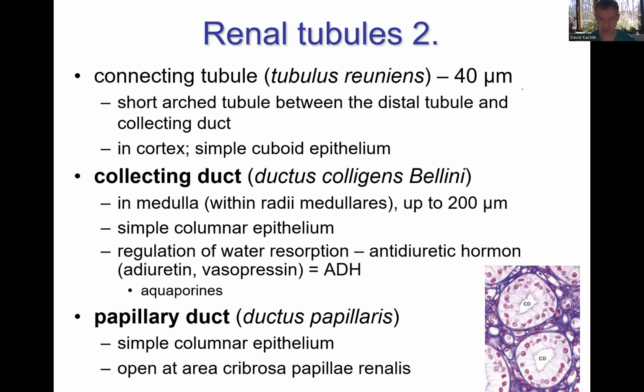What we cannot skip is the collecting duct, or ductus colligens, or so-called Bellini's duct. It's located already in the medullary rays, so they come down from the cortex, but within the medullary rays. They contain quite high cells, as you can see here, so simple columnar epithelium. And again, it absorbs water, so we can use aquaporins, but different aquaporins than in the descending limb of the intermediate tubule, because these aquaporins are sensitive to a hormone.